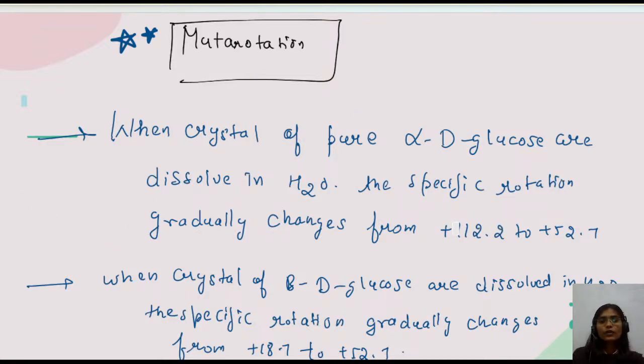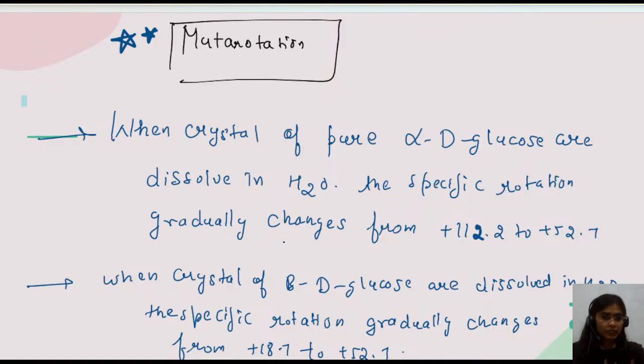Okay, so the point to be noted here, if you're observing, look at this: 112 becomes 52.7, and 18.7 becomes 52.7. It means that at 52.7 something is present there, because every time the rotation stops here only, right?